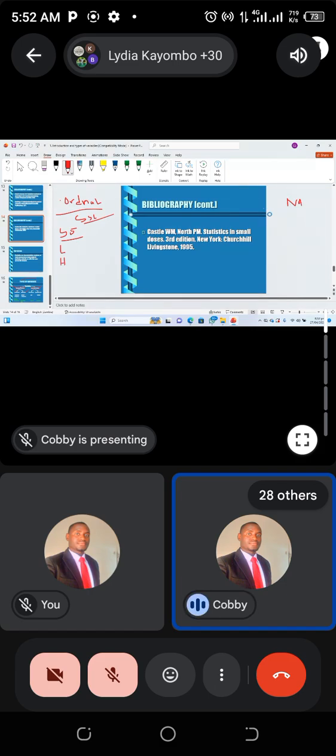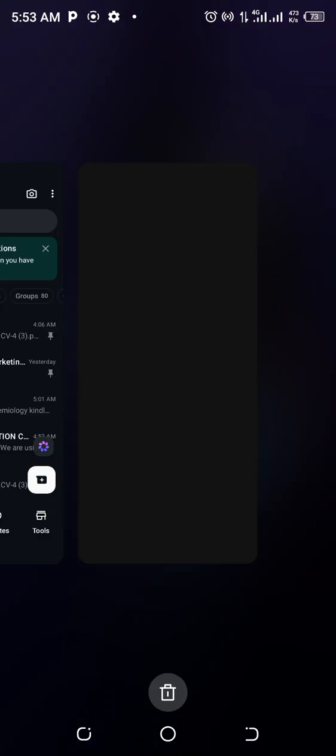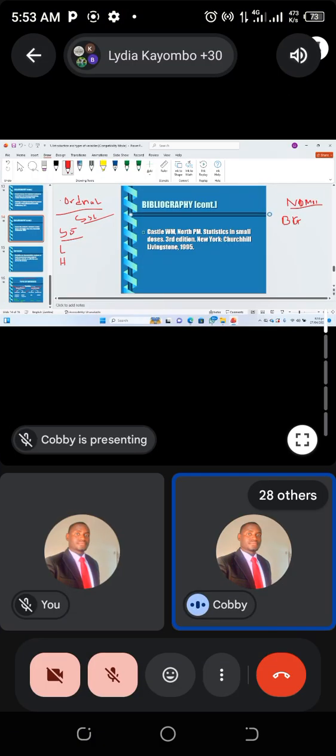What about nominal? What are examples of nominal variables, those without any order? Blood type, or blood group. When you look at blood type, there is no order: a person with blood group A, those with blood group B, there is no order.